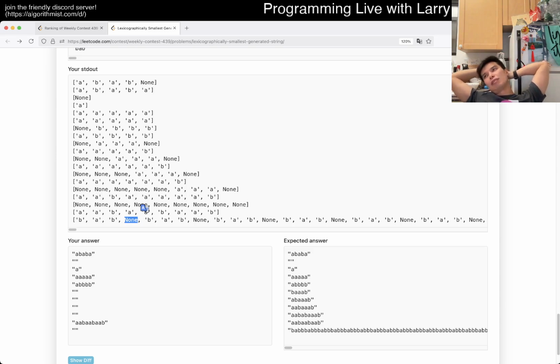Maybe I just need a different approach. I needed N sliding windows, is that right?